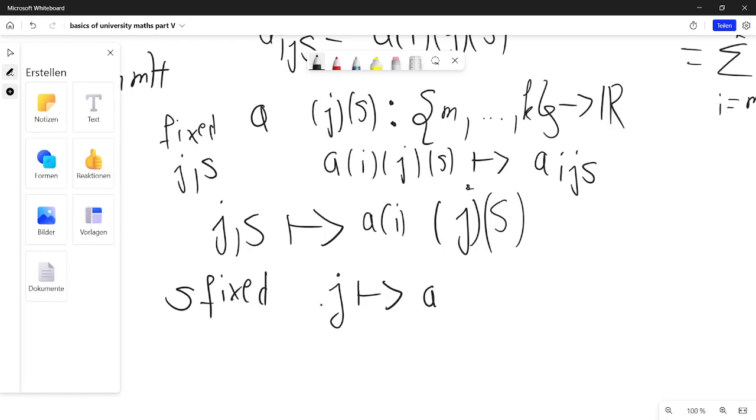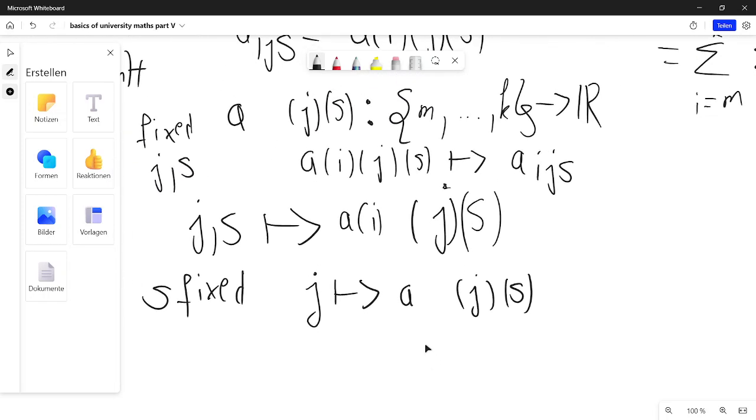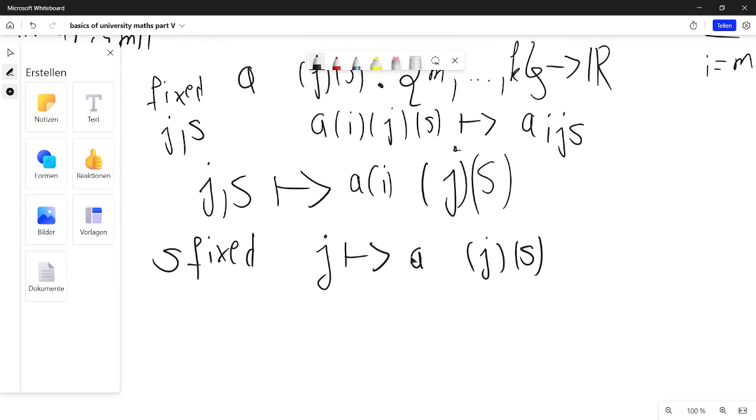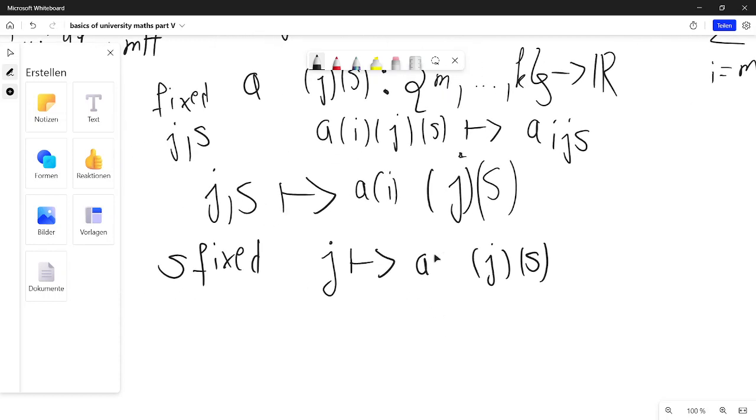This gives us a function A of J of S. And for each J then, S is now fixed. Keep that in your mind, S is fixed. Then we go through all J's, right? We go through all J's, and for each J, for this fixed S, we get an object.